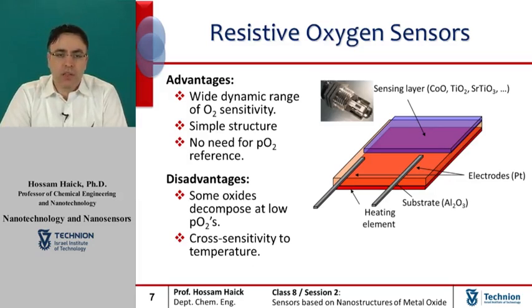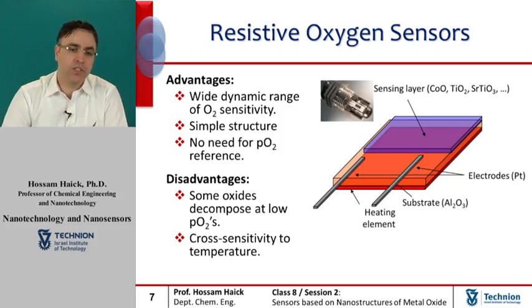After we have learned the main principles of metal oxide sensors, I will present here an example of such sensors. The example is focused on resistive oxygen sensors for monitoring oxygen levels in lean burn engines.